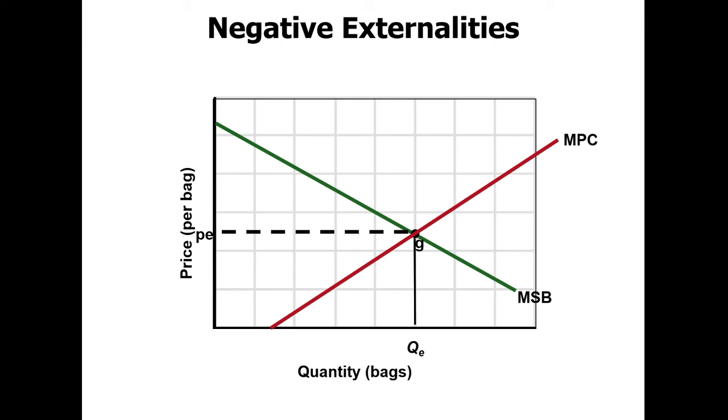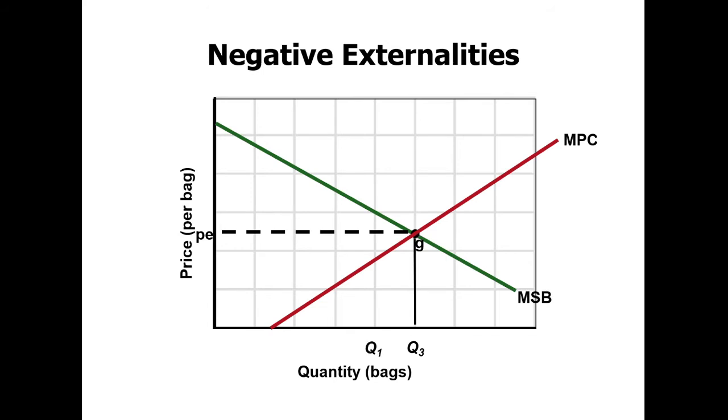The demand curve is also known as the marginal social benefit, the benefit to society of this good. The marginal private cost, the MPC, should be MSC, marginal social cost. To be efficient, you need marginal social benefit to equal marginal social cost. In this case, we don't have that. We have the benefit equaling the private cost.